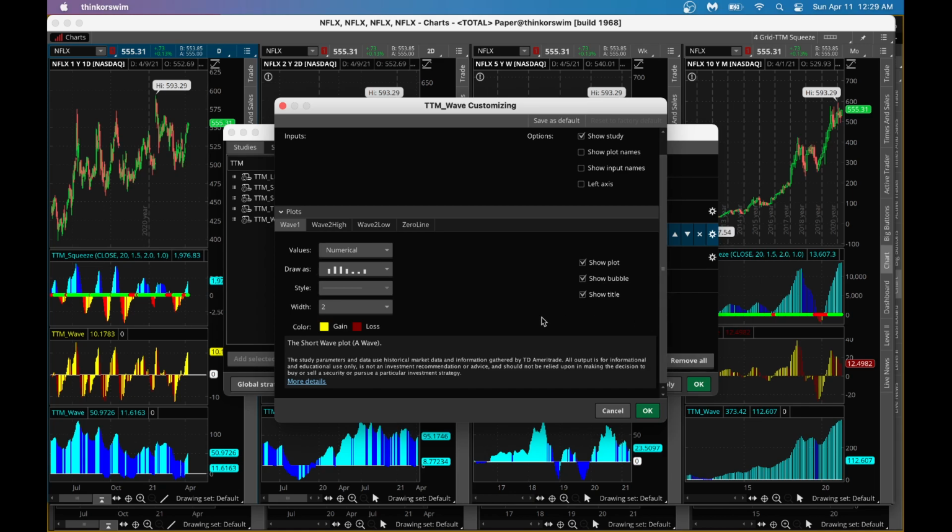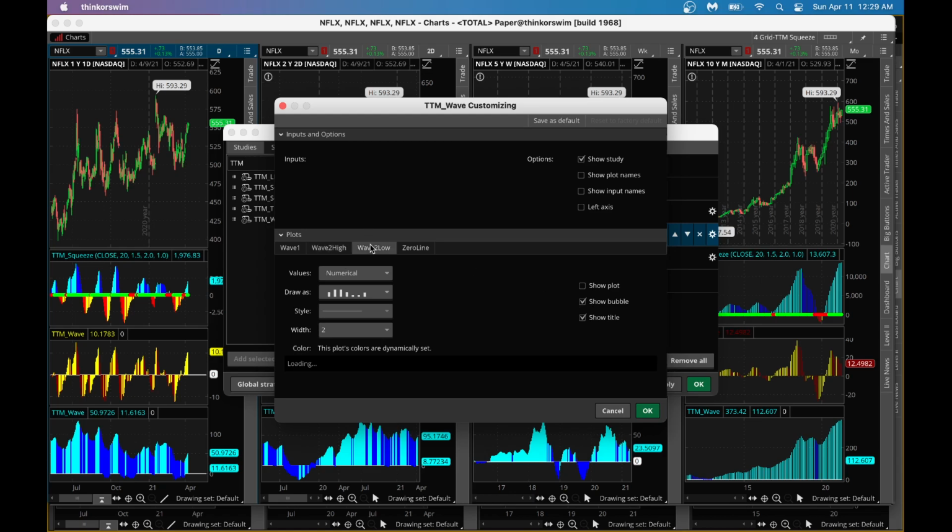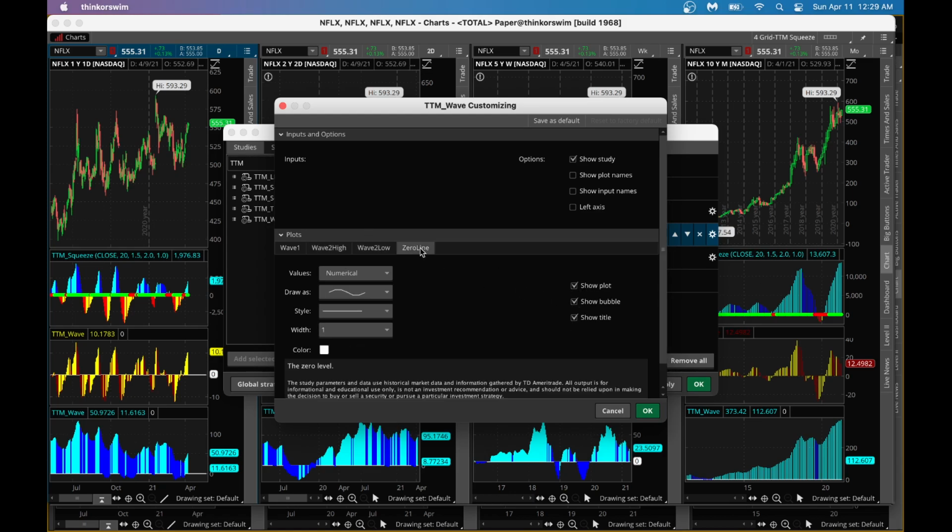Everything else is the same thing. If you go to wave one, that's your short term wave. We call it A wave. Then I think here, wave 2 I said no, because that's the long term wave. And zero line, I want to show the zero line. The zero line is basically the line right here.